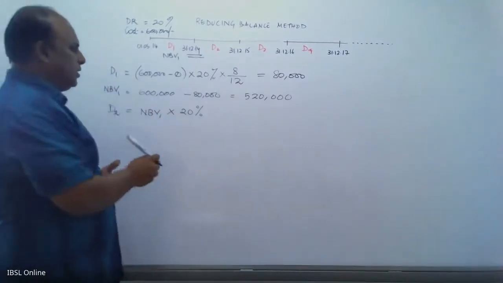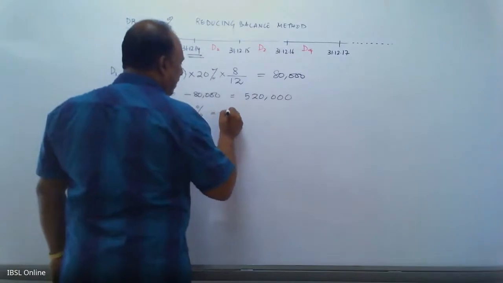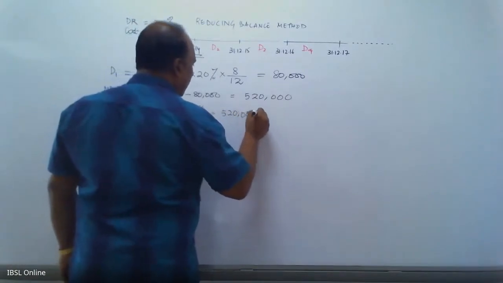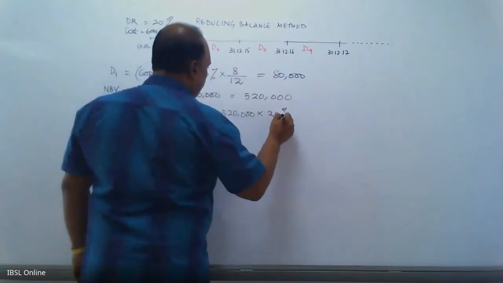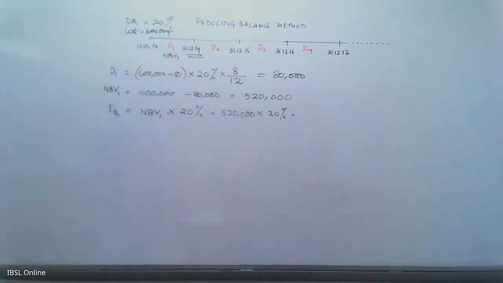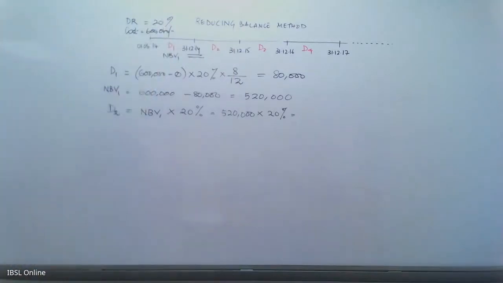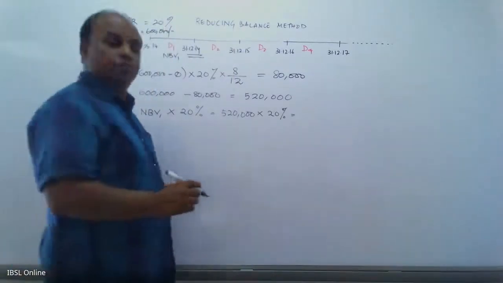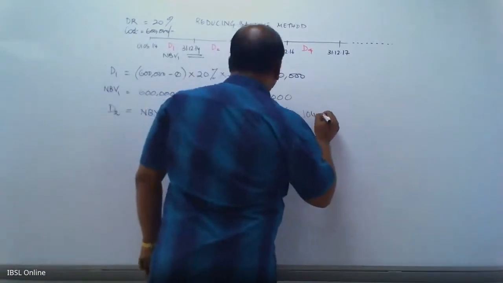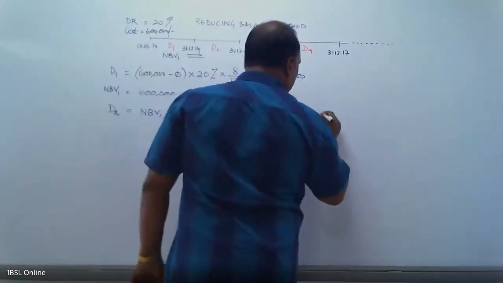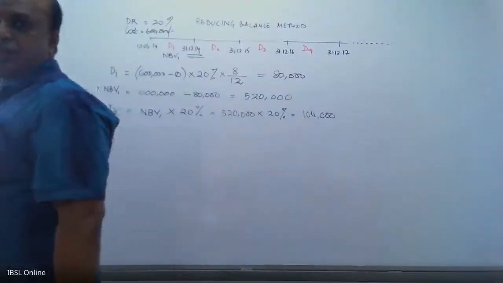So NBV1 is 520 into 20%. Because in this particular year, it is the full depreciation, 12 months, we don't have to worry about the number of months. So that will give you 104,000. Am I correct? 104,000.